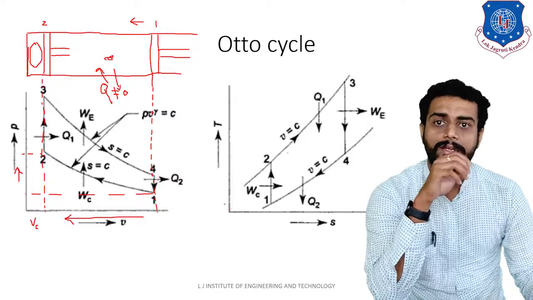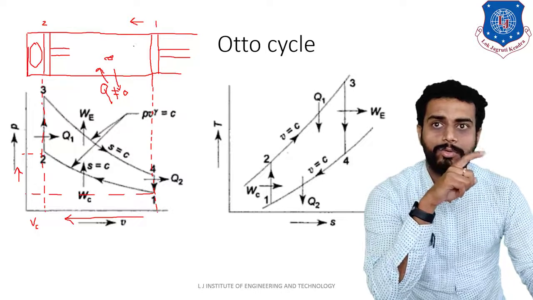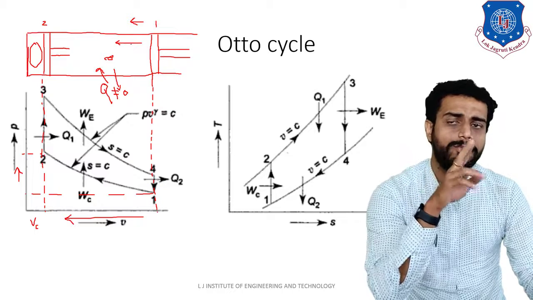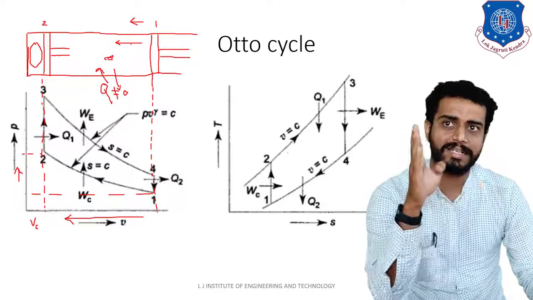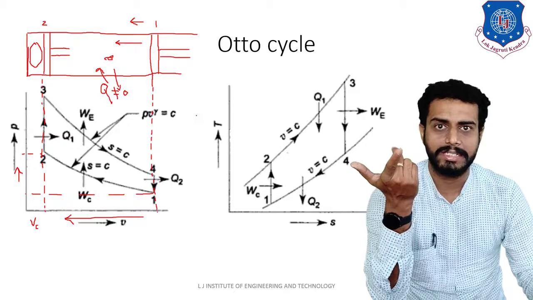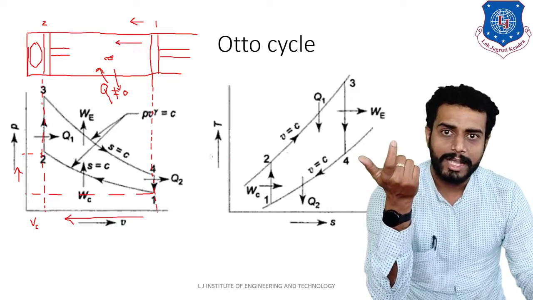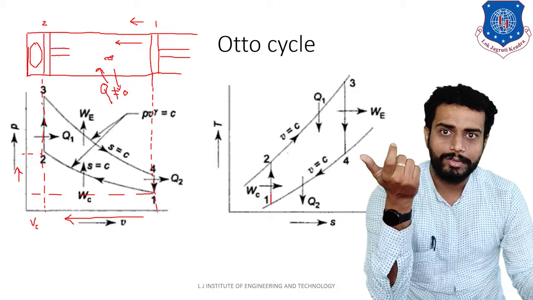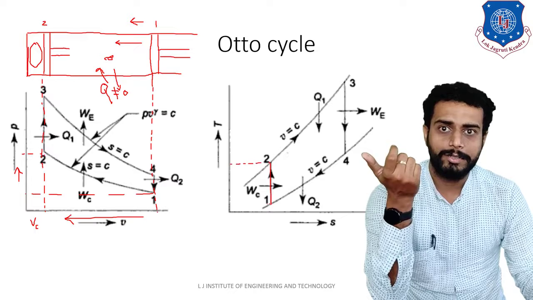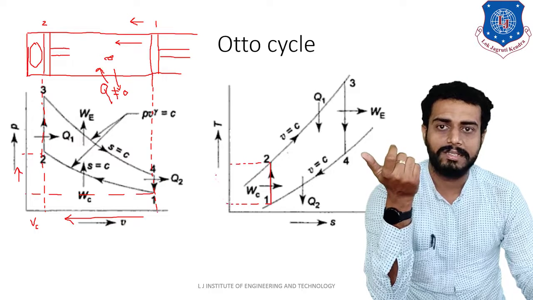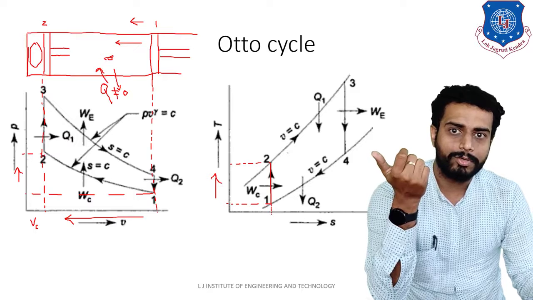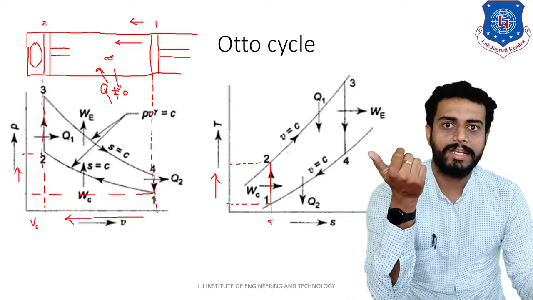As you can see, if you think logically, when the piston moves from outer dead center to inner dead center, due to compression, the temperature in the cylinder cavity will increase. So during this 1 to 2 process, the temperature is increasing, but the entropy remains constant.